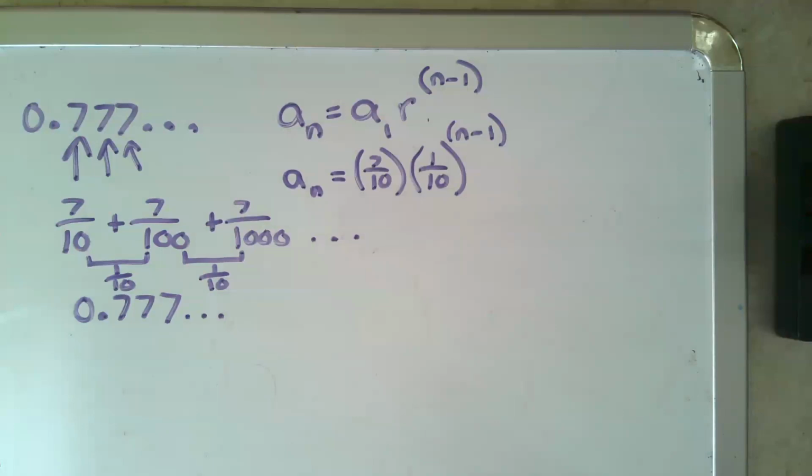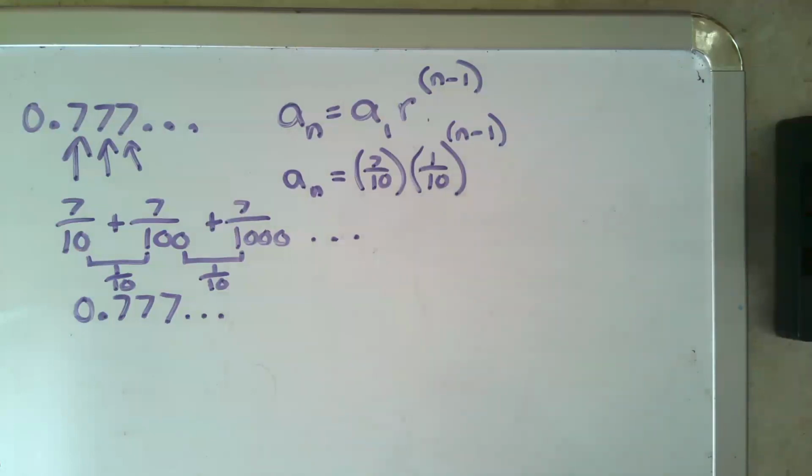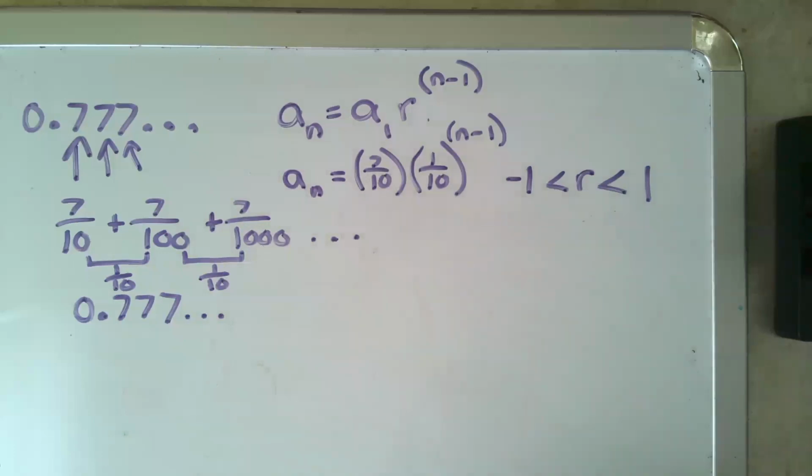And the key to having something that is infinite also have a finite sum is when your common ratio is between 1 and -1, essentially it's fractional, then your terms are getting smaller and smaller until they become so small as to be negligible, which means that if we add everything up, eventually we will be adding a negligible amount.